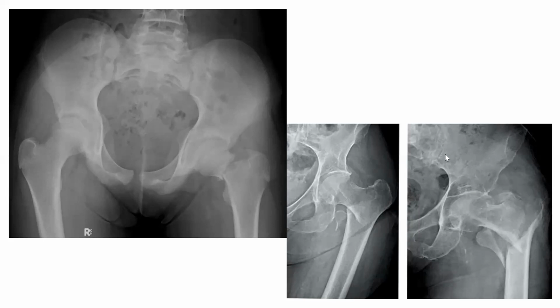And how are you going to attend to this patient? Now the patient has come to the emergency department and she had a fall and the leg is externally rotated. What would you do in the emergency department? So I'd first want to exclude internal hemorrhage.